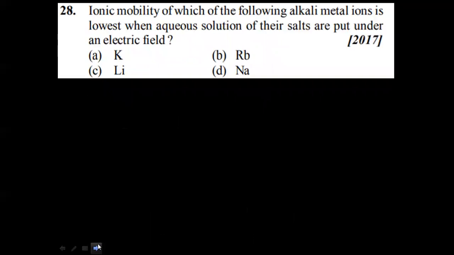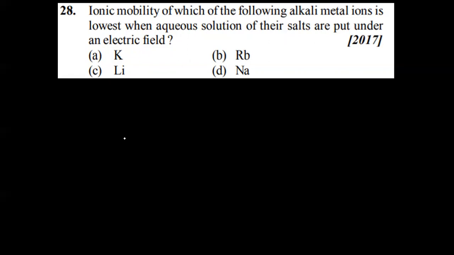28. Ionic mobility of which of the following alkali metal ions is lowest when aqueous solutions of their salts are put under an electric field? Here we know that Li plus, being smallest, has a maximum charge density.